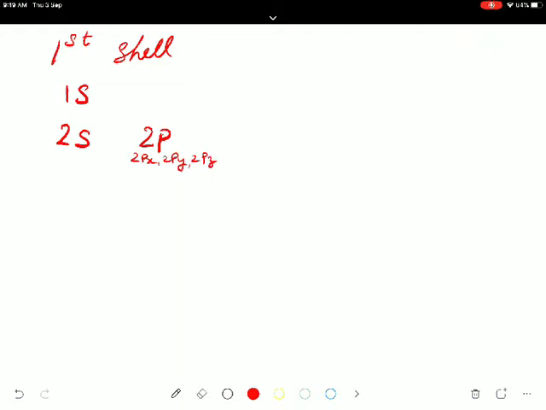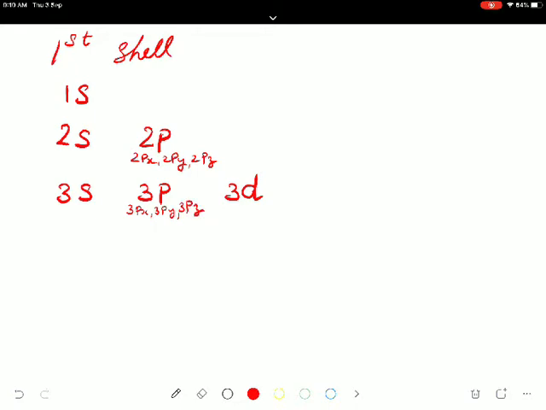Instead of 2p, I can write 2px, 2py, 2pz. Now in the third shell there are 3s, 3p and 3d. 3p you can write as three orbitals, that is 3px, 3py, 3pz.